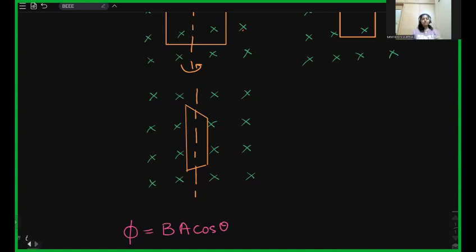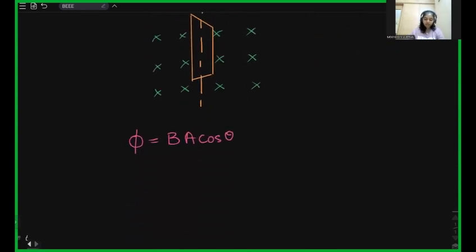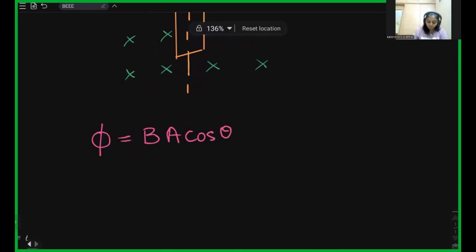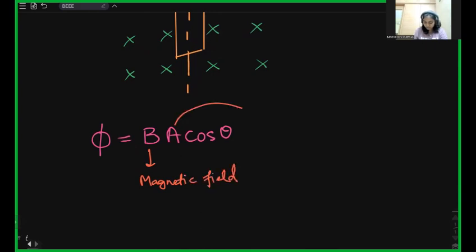This can be represented by phi, and the equation for magnetic flux, phi, is given by B A cos theta. B is the magnetic field, and A is the area.